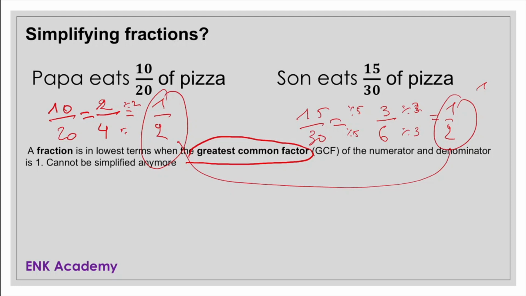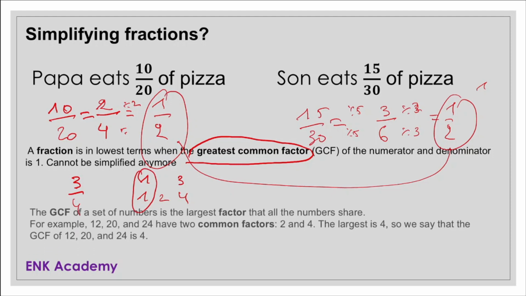That means they have the common factor, which is 1. You can also say, for example, 3 and 4. 3 has factors 1 and 3, and 4 has factors 1, 2, and 4. And then the common factor is only 1, and it is the greatest common factor.